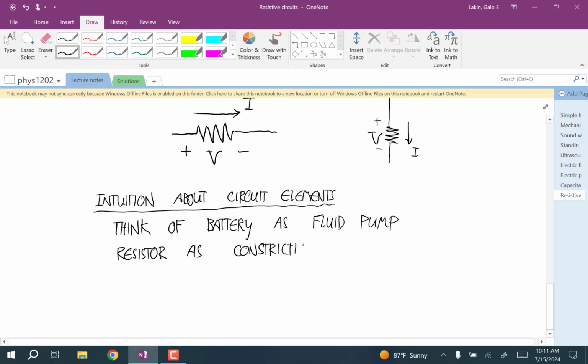Okay, so I said that a resistor limits flow. We're going to relate the current to fluid flow. The battery is the thing that makes the fluid flow. It's the pump. The resistor, constrictions in that pipe, limit the rate of that flow.